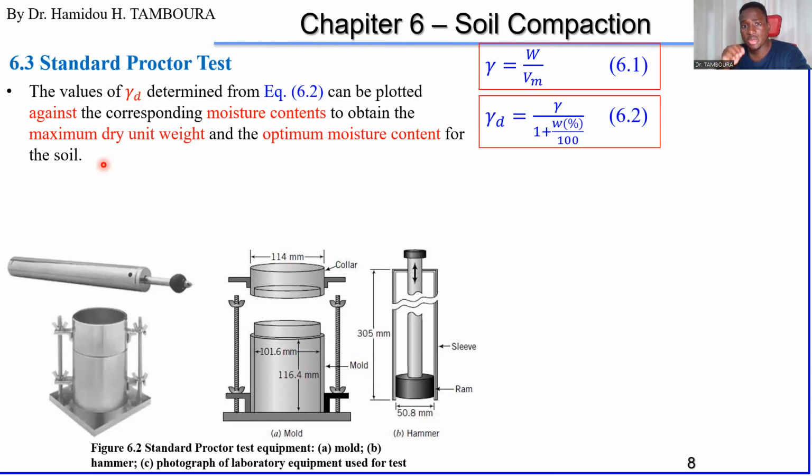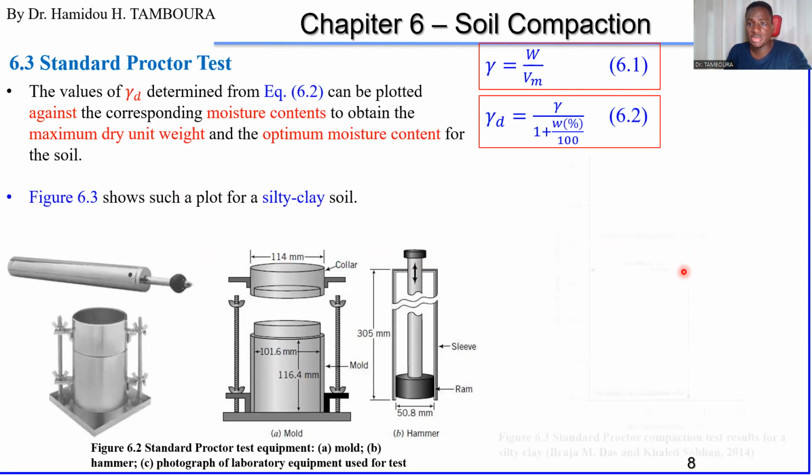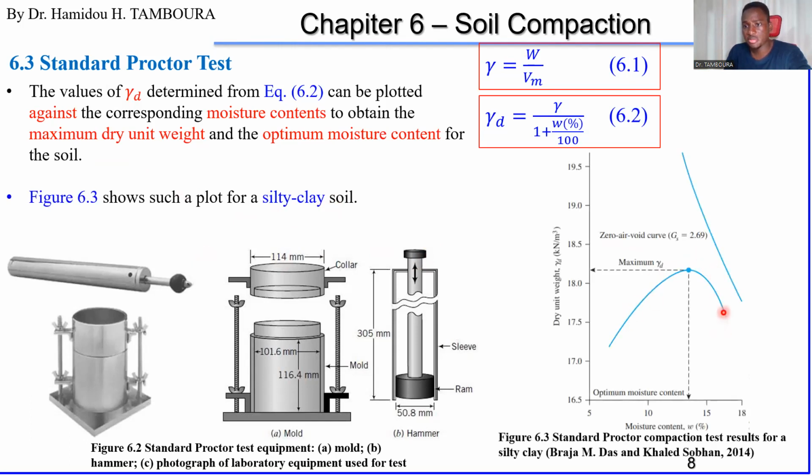Maximum unit weight, the optimum water content. Okay, the curve will be like this. And this is an example of this kind of curve. This one, you see, is for silty clay, for example. So you can see here the optimum moisture content is here, and maximum dry unit weight is here.